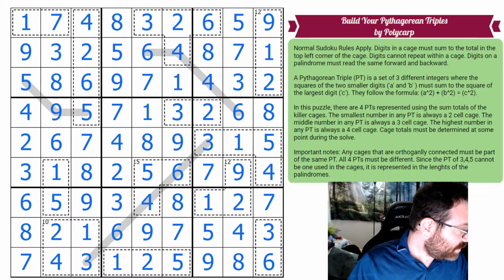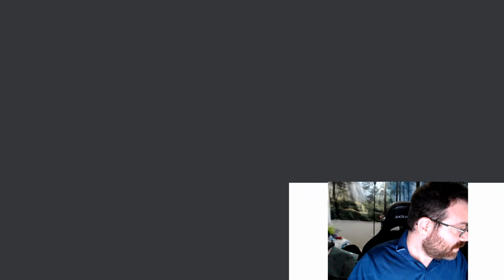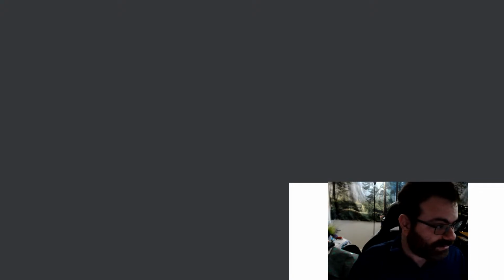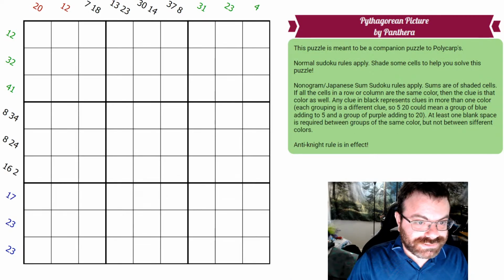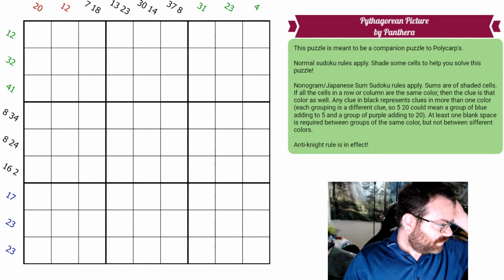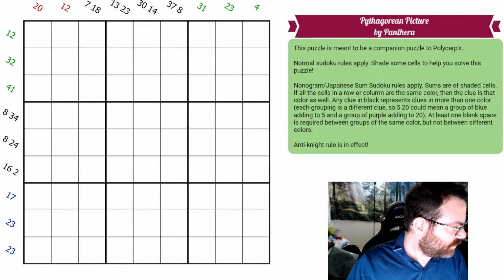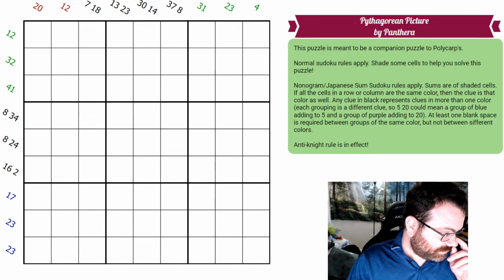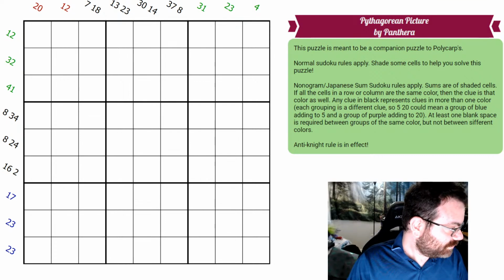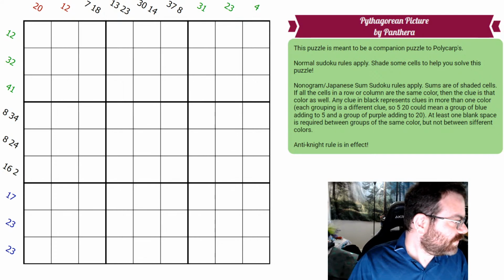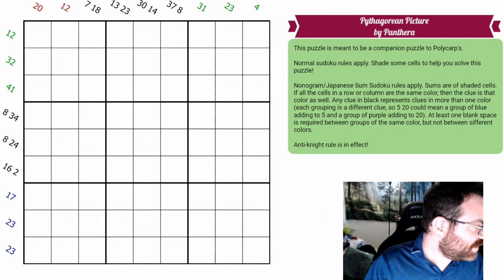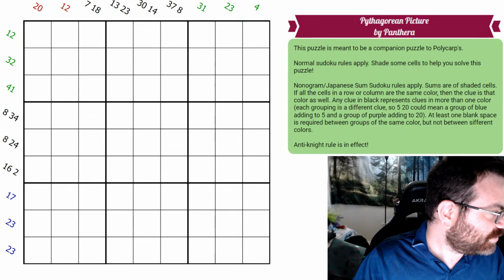So I'm going to do this is a series, do the second one here. Oh, for once Panthera lets me make myself larger.